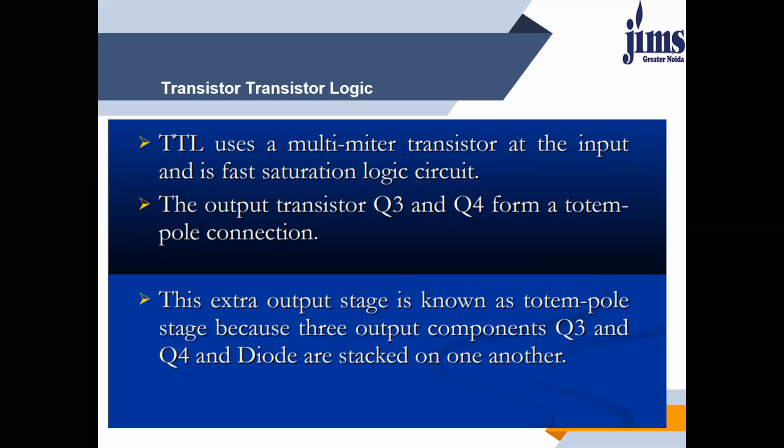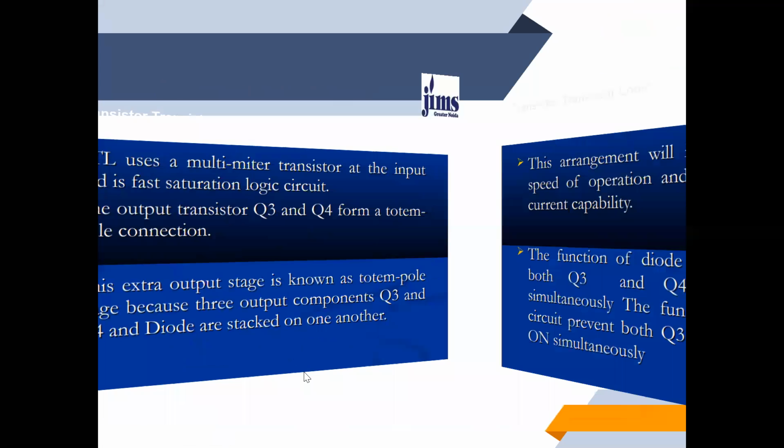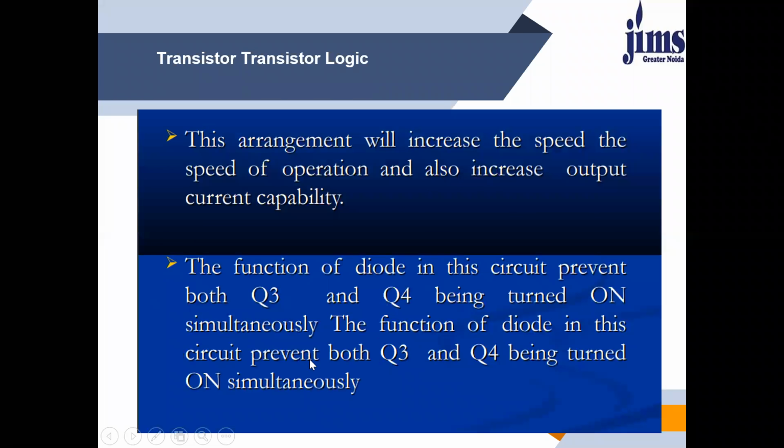So this output is known as the totem pole stage because the 3 output components Q3, Q4 and diode are stacked on one another. This arrangement will increase the speed of operation and also increase the output current capability.